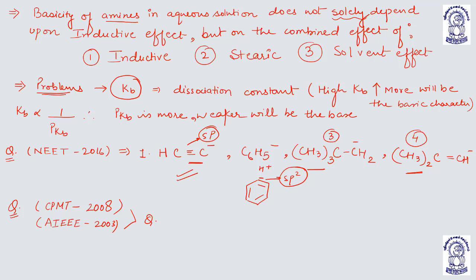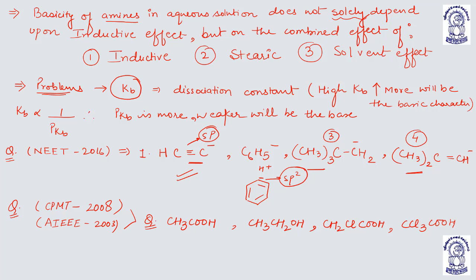The question was: which of the following compounds is most acidic? CH3COOH, CH3CH2OH, CH2ClCOOH, and CCl3COOH. Now, as we have discussed, the acidic character depends upon the electron withdrawing groups.